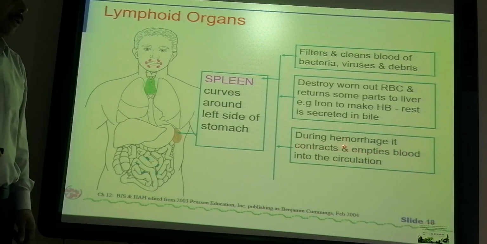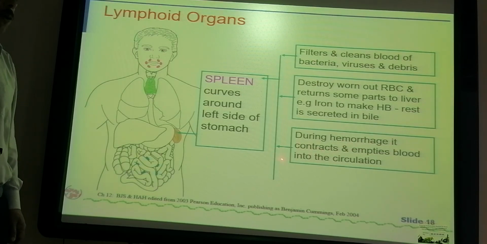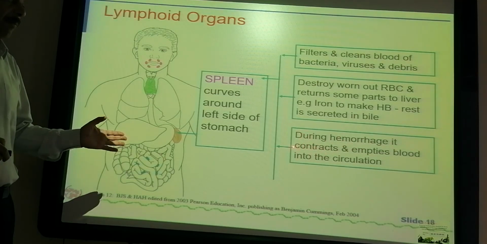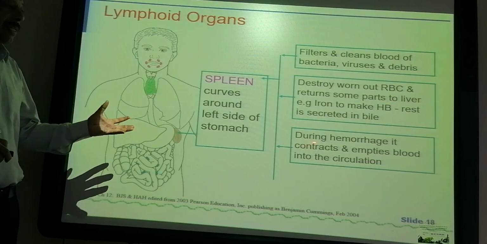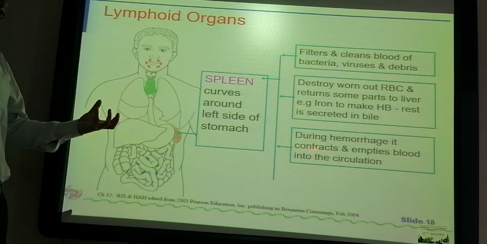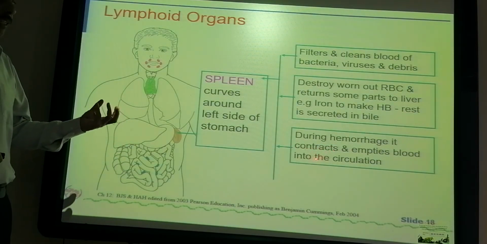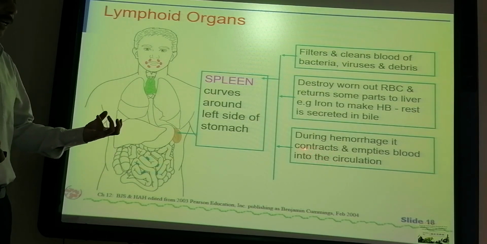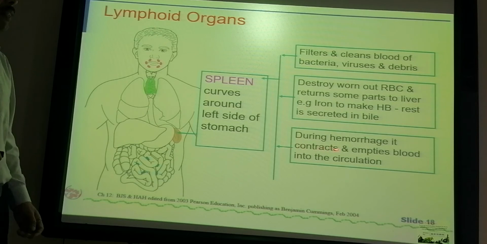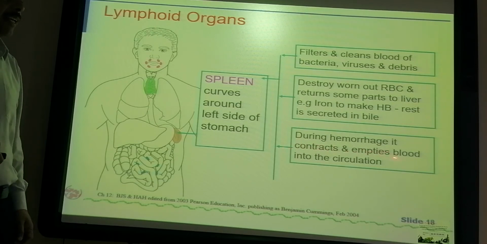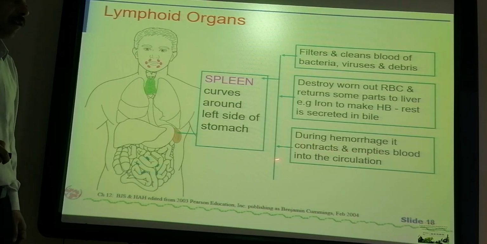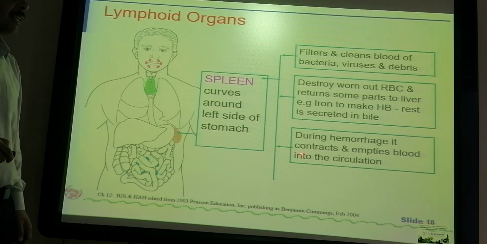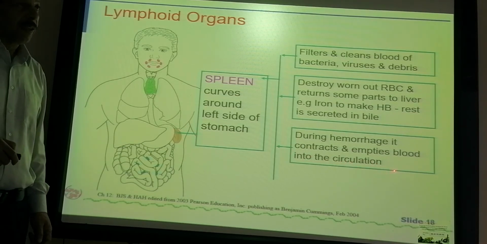During hemorrhage, the spleen contracts if injury happens. In this case, in order to maintain the circulation and prevent hypovolemia in the blood vessels, the spleen will contract and empty the amount of blood inside it into the circulation.